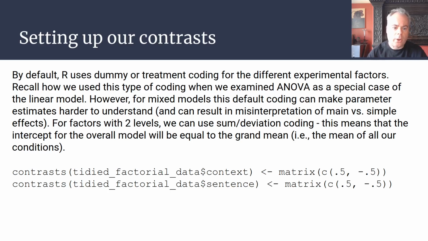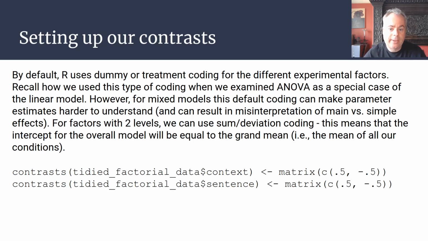So in the Markdown document, I've added a link to a really great paper that came out in the Journal of Memory and Language recently, which actually delves into this in a lot more detail to show you what the issues are and what the pitfalls are associated with using the wrong sort of coding scheme for your different factors.